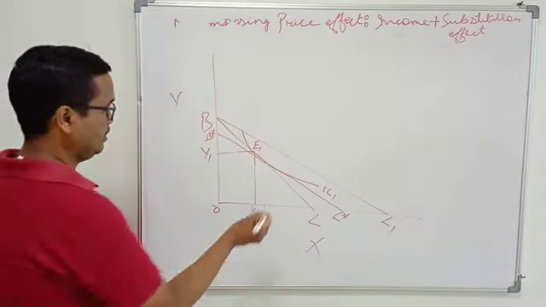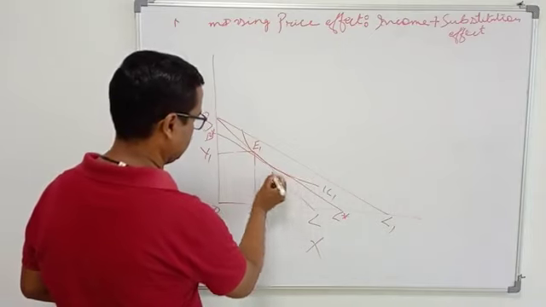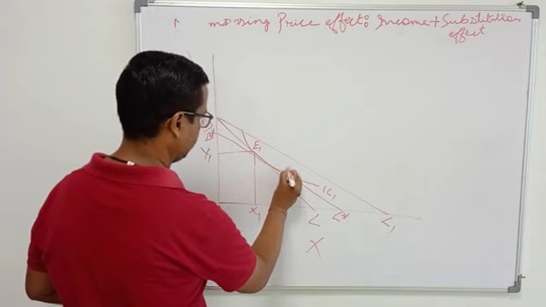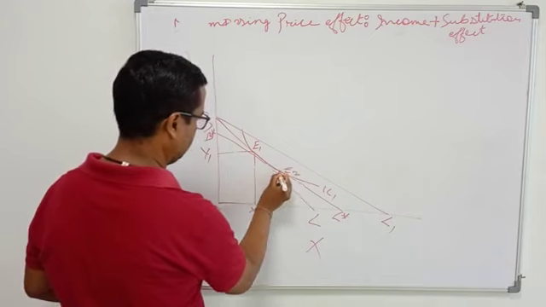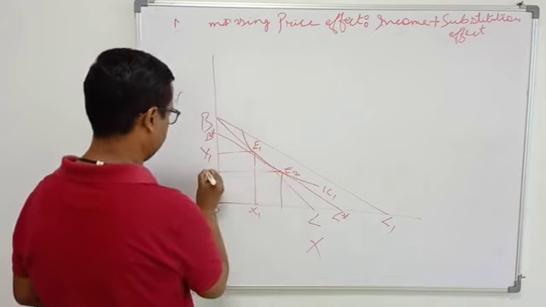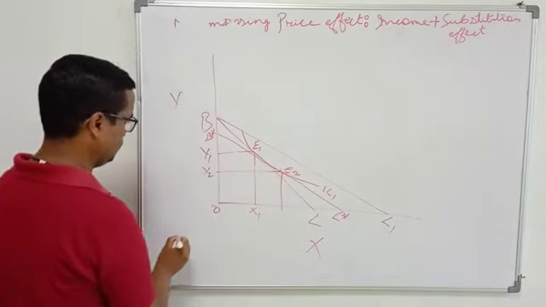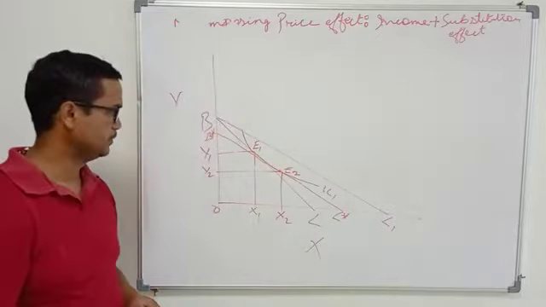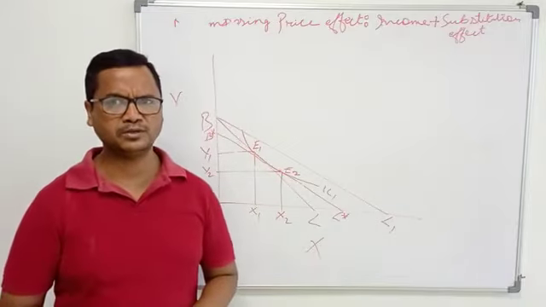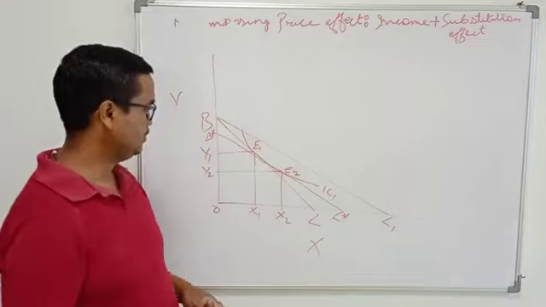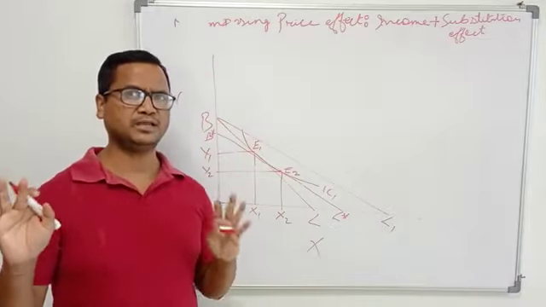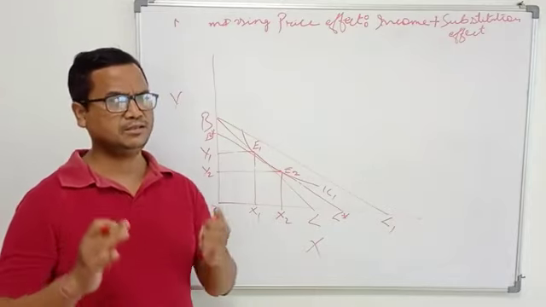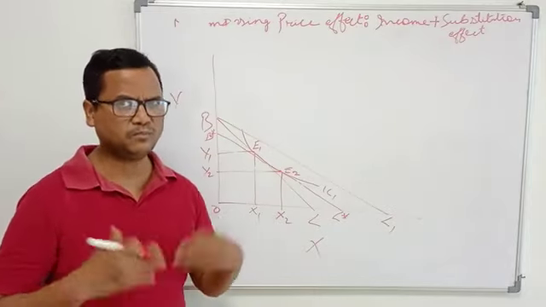Now this new budget line will be tangent to the indifference curve at point E2, where the consumer is consuming OY2 amount of Y good and OX2 amount of X good. Now since we are talking about an inferior good, whatever money has been taken away from the consumer, if we repay it, then his or her income will be more.